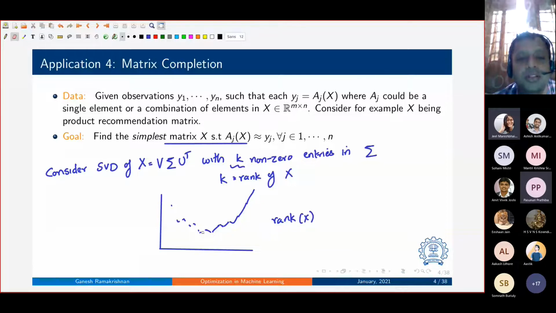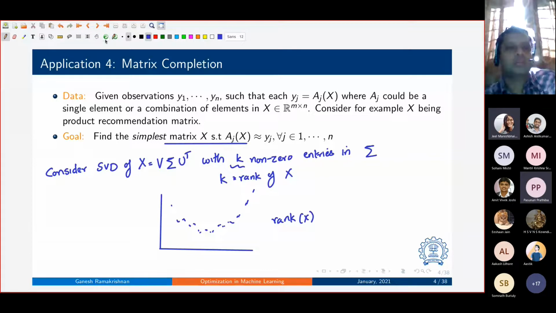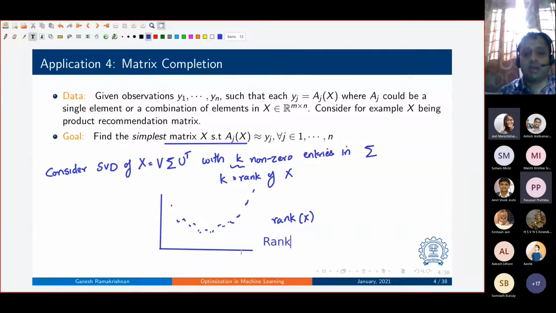These are interpolation. So rank is not even continuous, what to speak of convexity. Rank X is not continuous, or to speak of convexity.